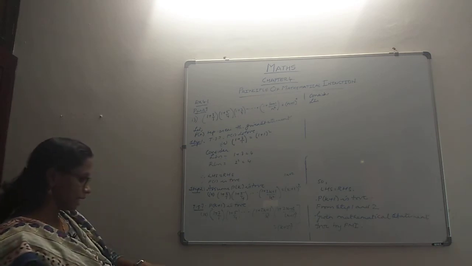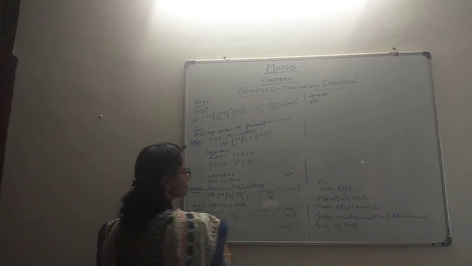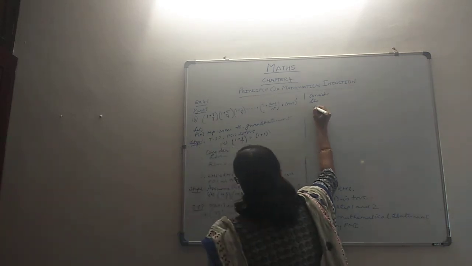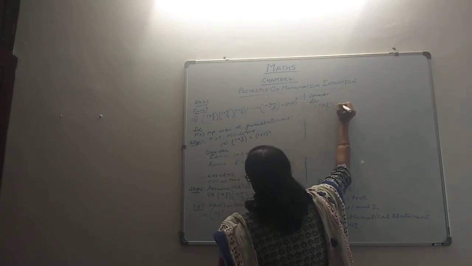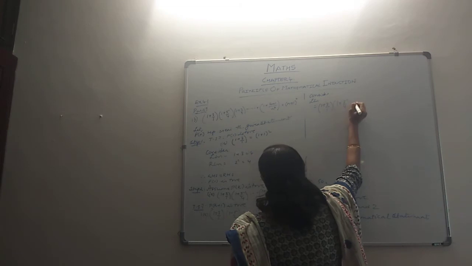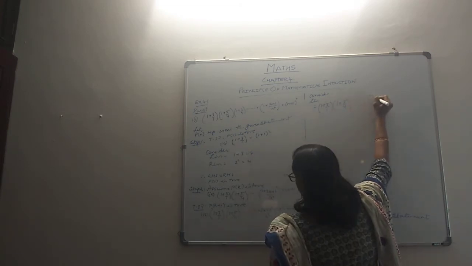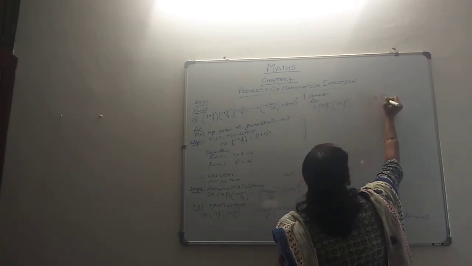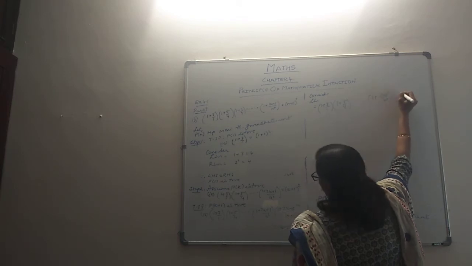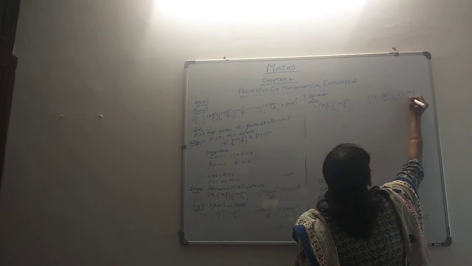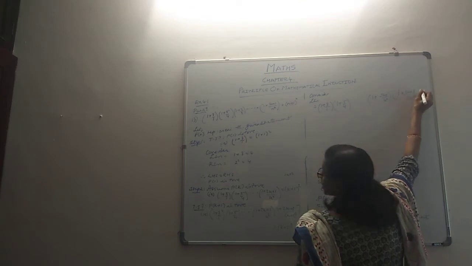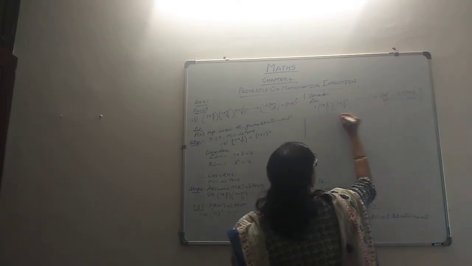So you take the LHS, and in the LHS we have so many terms, so that will work out like (1 + 3/1)(1 + 5/4) and so on, (1 + (2k+1)/k²) into (1 + (2k+3)/(k+1)²). So this much we know already.